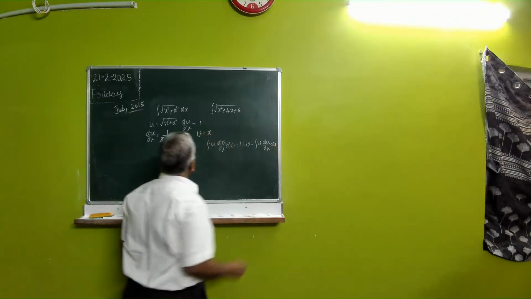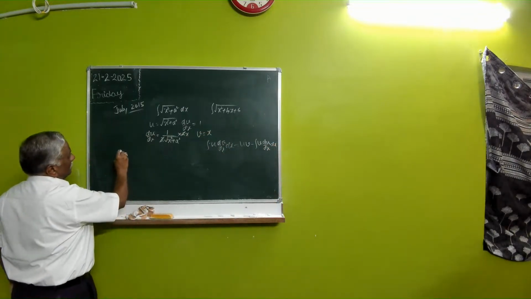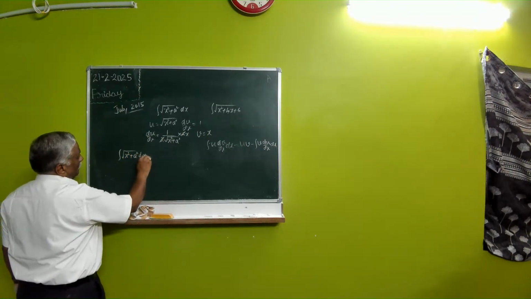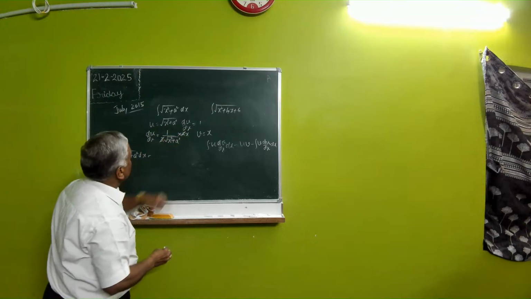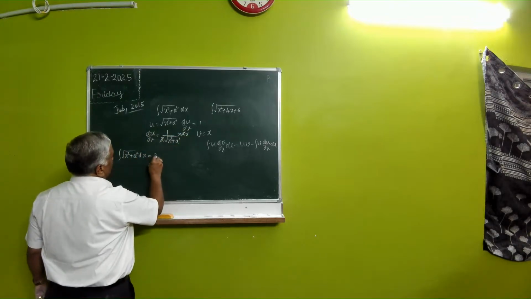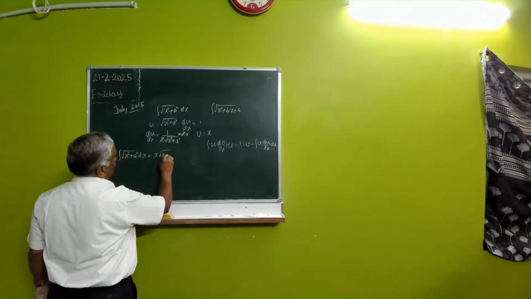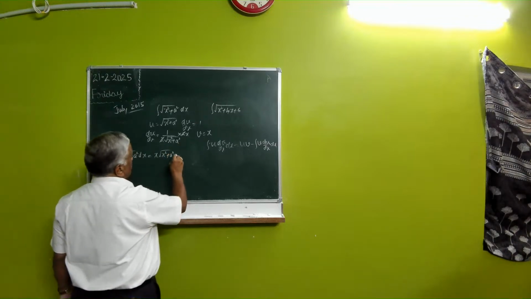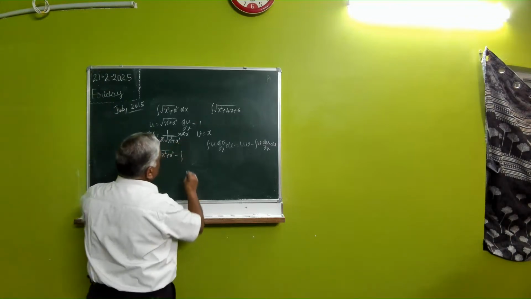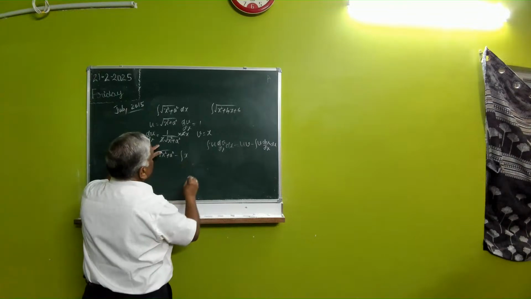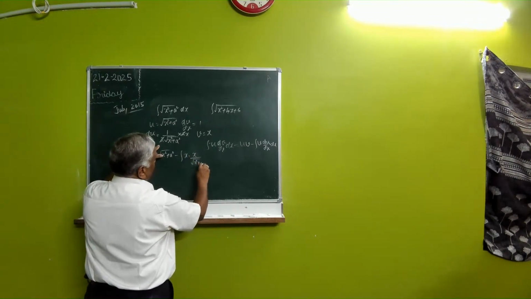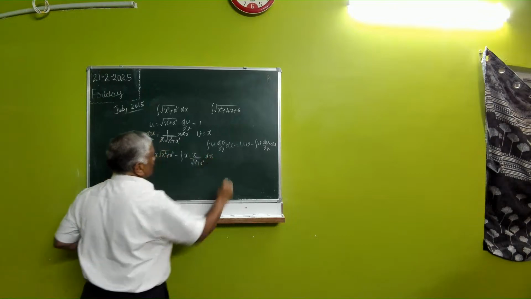So here the integration of root of x square plus a square dx is equal to uv, which is x into root of x square plus a square, minus the integral of v, which is x, times du by dx, which is x over root of x square plus a square, dx.